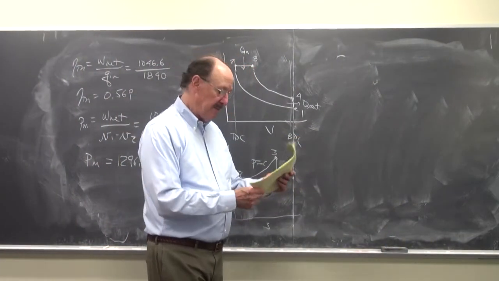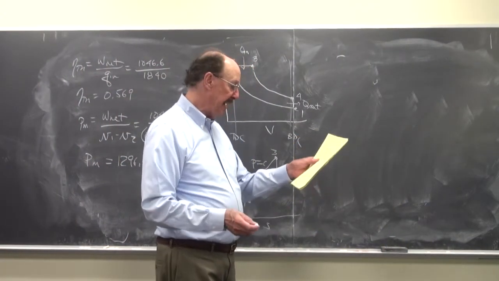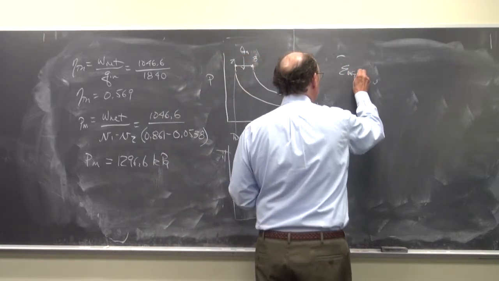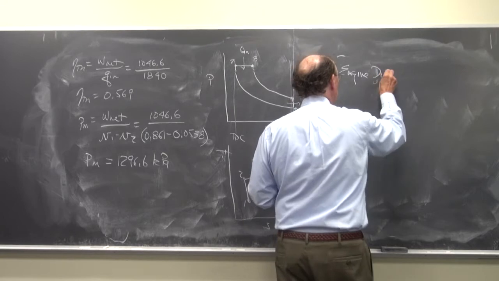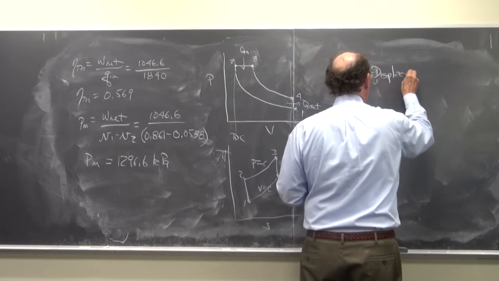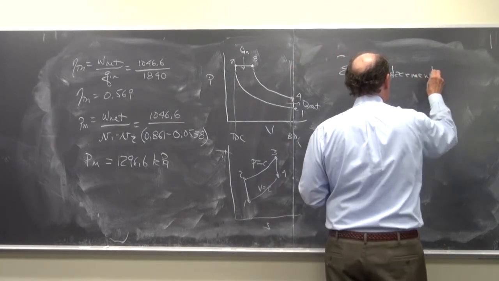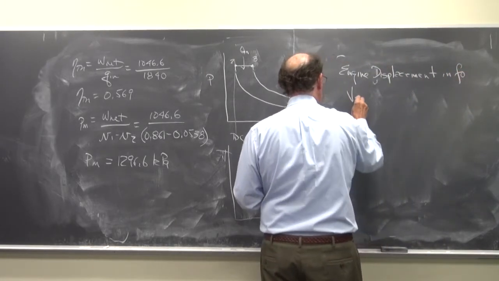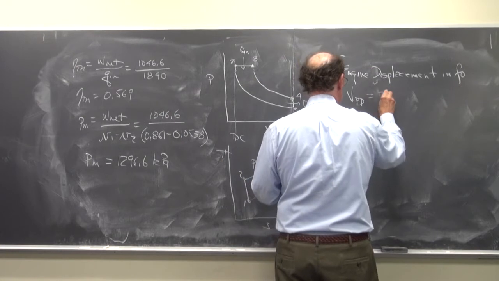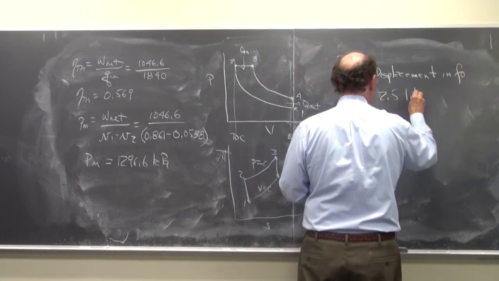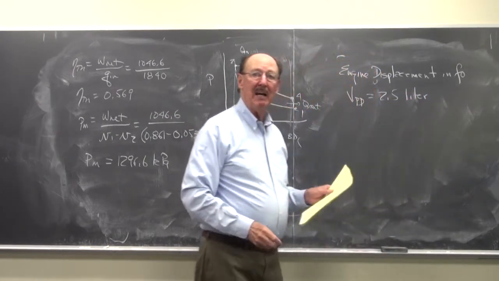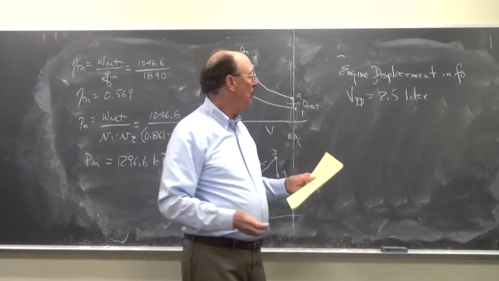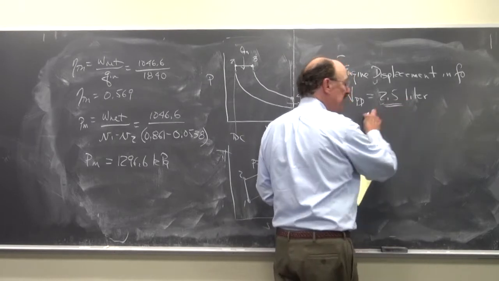So very often, you're given engine displacement info like the specific volume is 2.5 liters. So people talk about having an engine that's 2.5 liters, 3.0 liters, whatever. And what that's talking about is V sub PD.